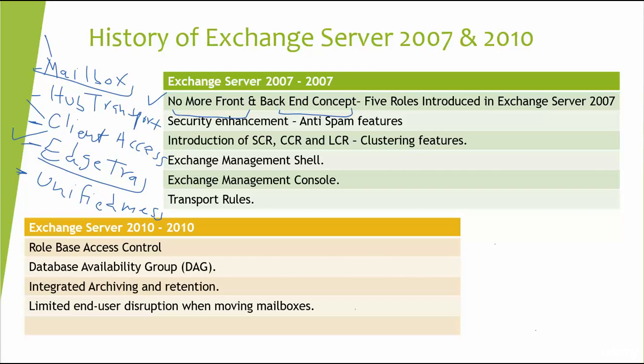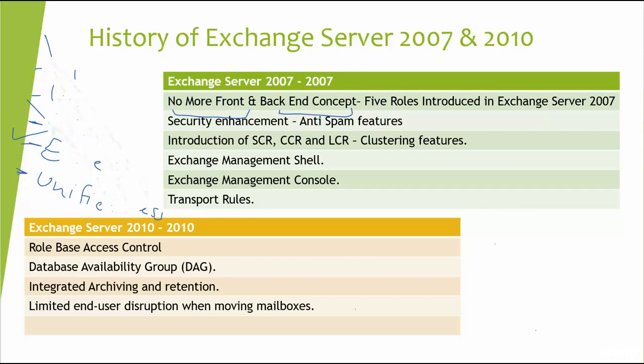One other thing that you see in here is they also added some security features. They did some security enhancement where they added anti-spam features, and through these anti-spam features you were able to block a domain, block a user account. For example, every morning this user comes and checks his email.